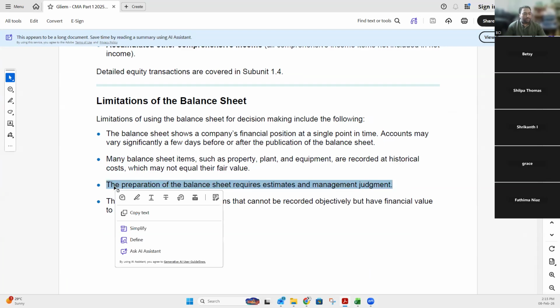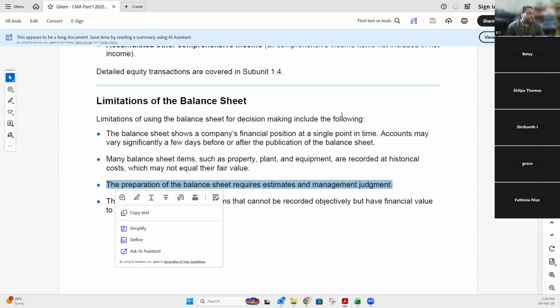For example, who decides whether an asset should be depreciated over 5 years or 3 years? It's management's call, right? What if that call is wrong? For example, I estimated a 10 year life, but the asset has only 5 years of life. Then my whole depreciation will change.